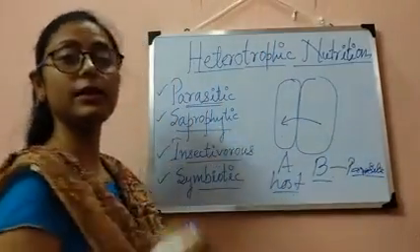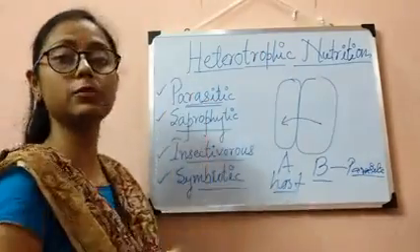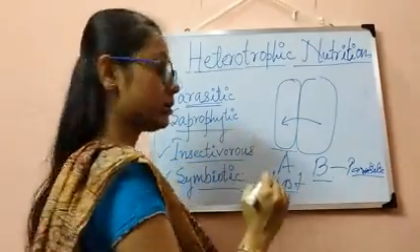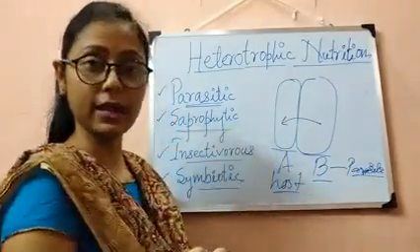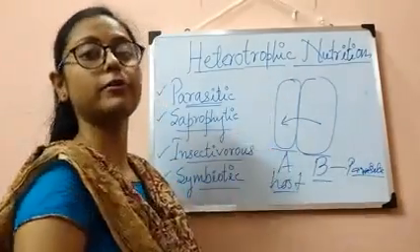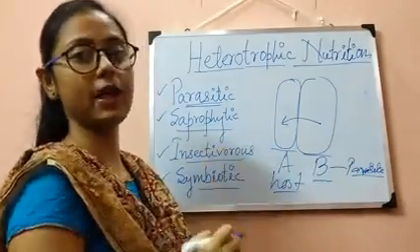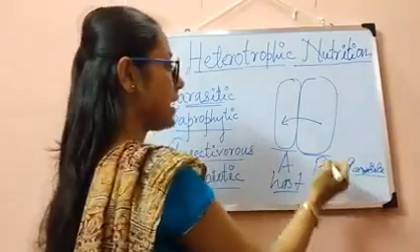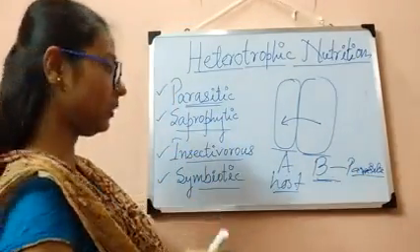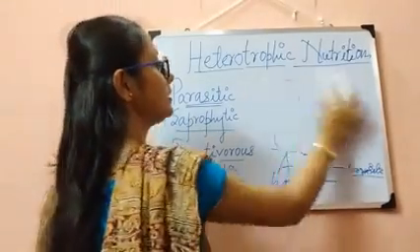In the parasitic mode of heterotrophic nutrition, one organism is the host and another is the parasite, where the host helps the parasite for food and the survival of its life, and the parasite depends on the host for the benefit. So what should be the examples?